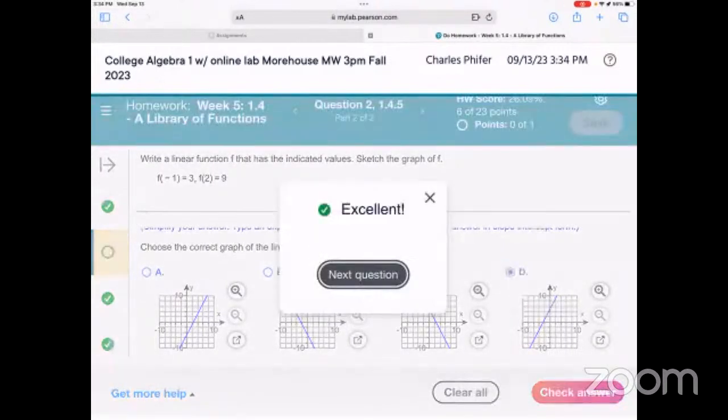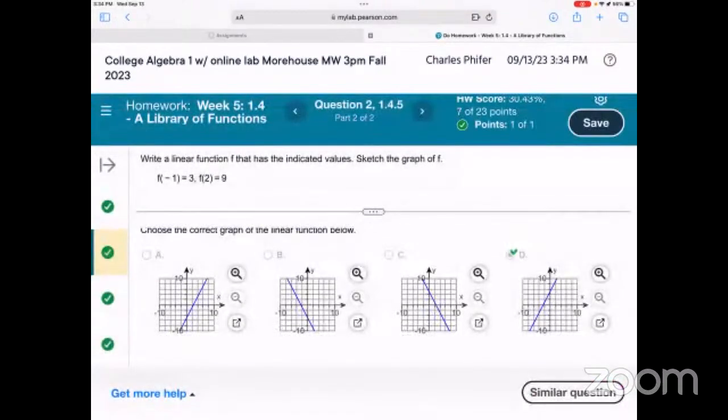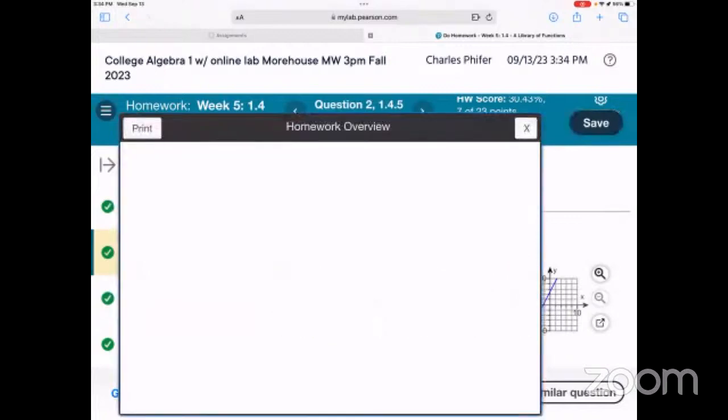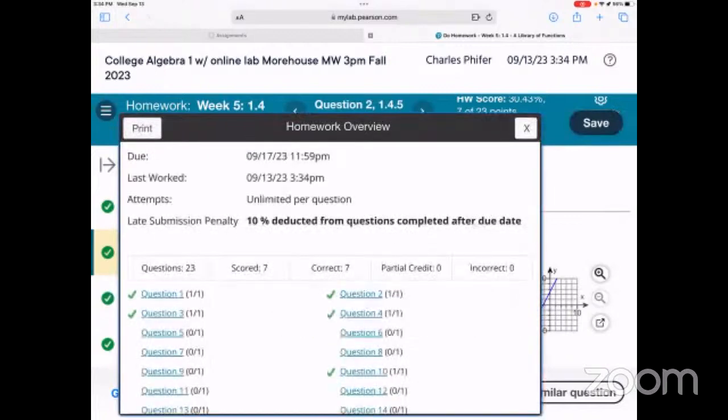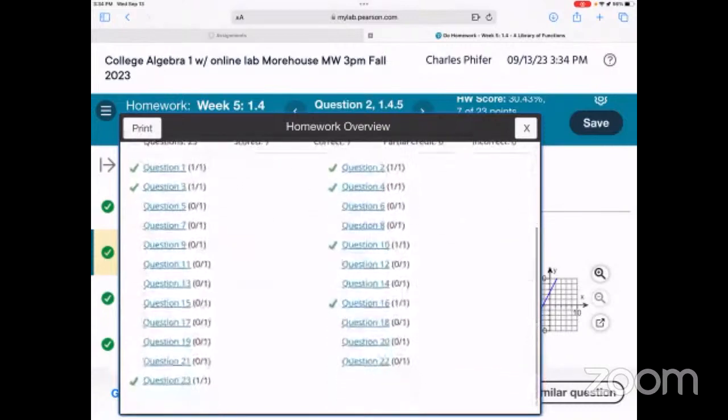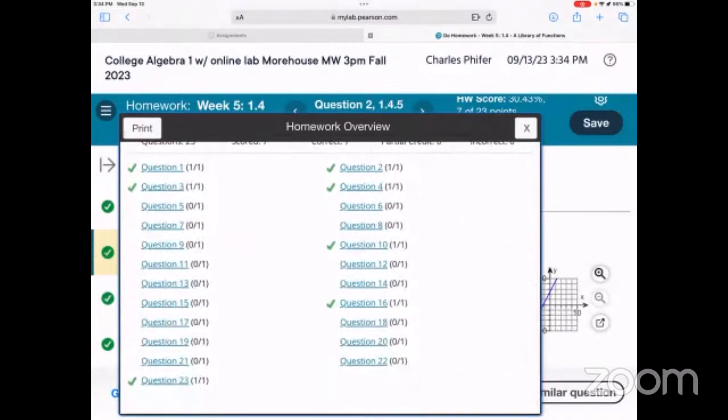Hey, Google, give me a random number between 1 and 23. Hey Siri, give me a random number between 1 and 23. A random number between 1 and 23 is 17. 17. What?